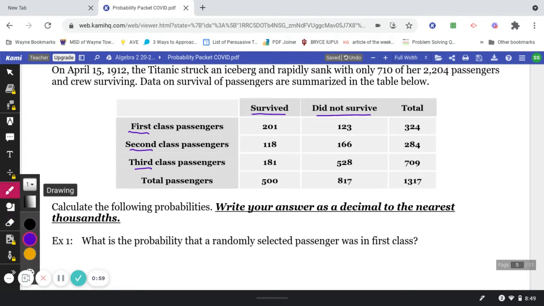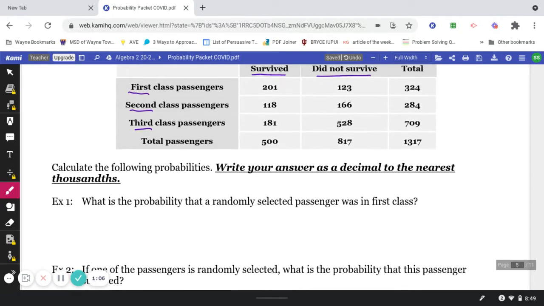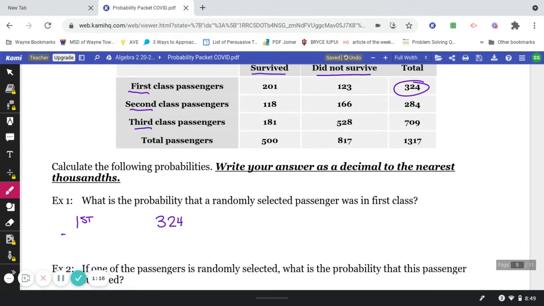Let's take a look at our first problem. It says, what is the probability that a randomly selected passenger was in first class? So you want the first class total on the top. So first class on the top, that'd be 324 total first class passengers, over the total amount of passengers, 1,317.